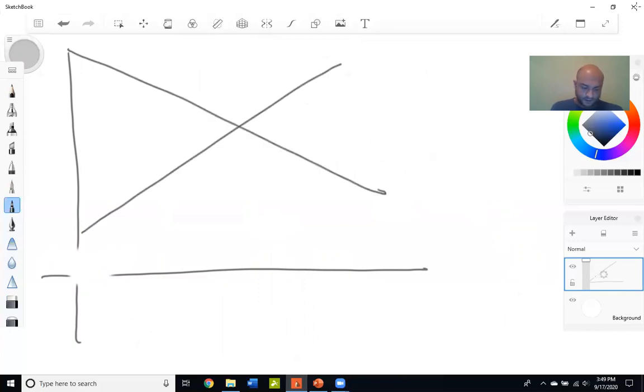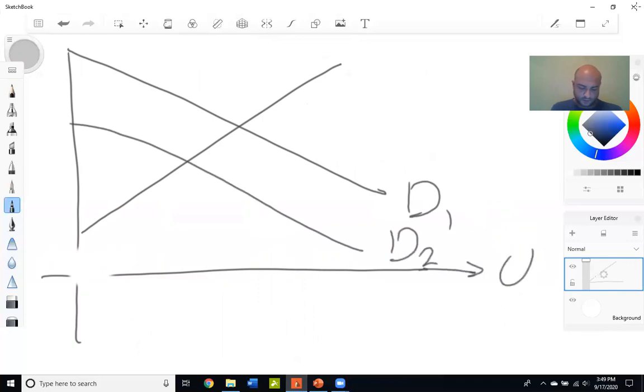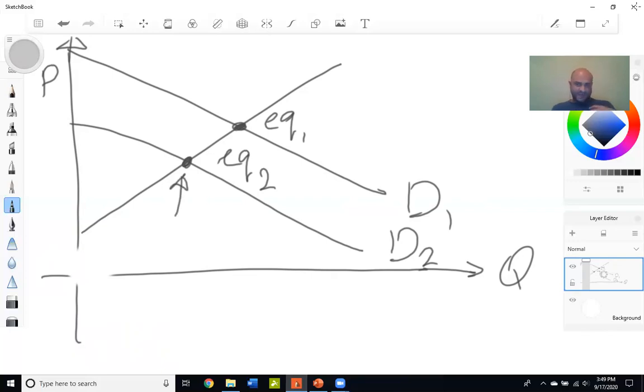This was the old demand curve, demand 1, and this is our new demand curve, demand 2. Quantity and price. Now, this was our old equilibrium, equilibrium 1. This will be the new equilibrium, equilibrium 2. At this equilibrium 2 is what's actually being handled. This is when the quantities are being traded.